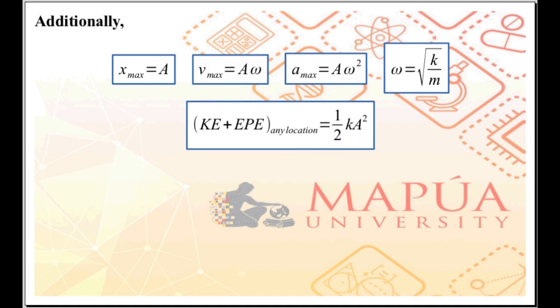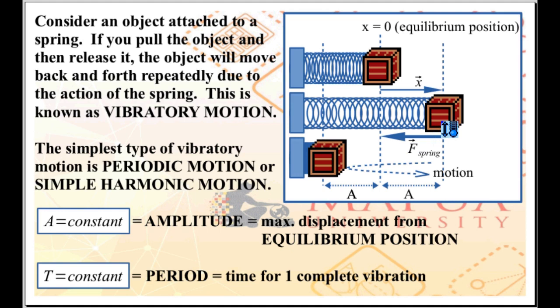So for instance, if you have an object undergoing spring motion, and again, spring motion is periodic motion, the object is moving back and forth. At any location in the vibratory motion, the total mechanical energy is 1/2 k A squared.